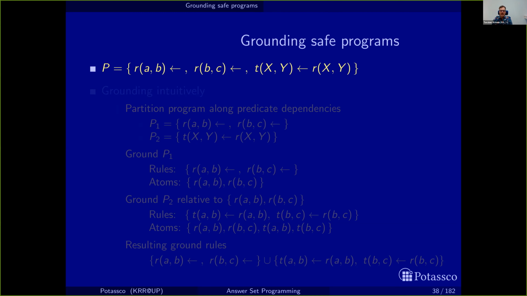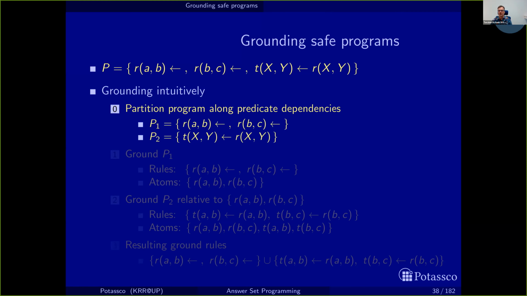You then get another graph where the nodes are the strongly connected components of the original graph. The cool property of such a graph is that it's acyclic, so you can totally order it. After this dependency analysis, you get a topological ordering of subprograms.